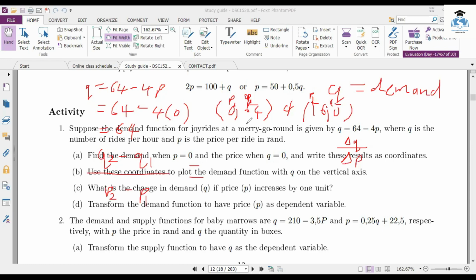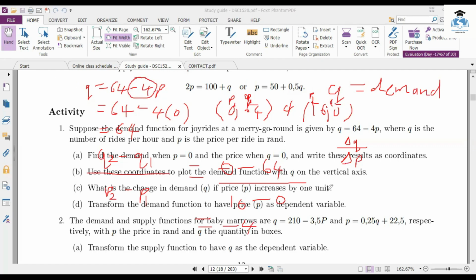So Q2 is 0 minus 64, over P2, that's 16 minus 0. So the answer will be -4.